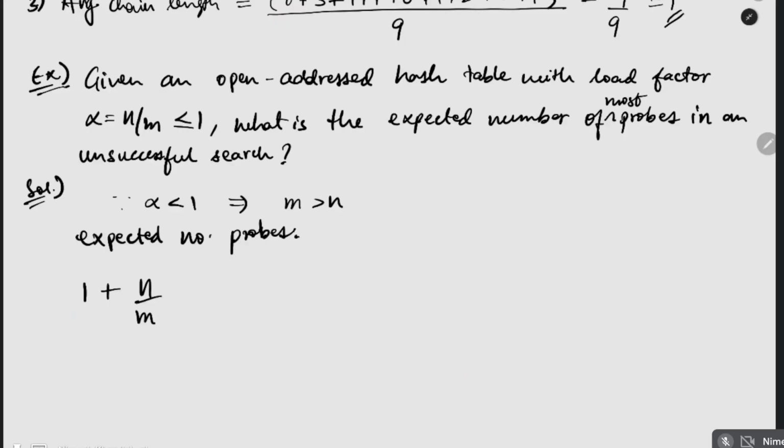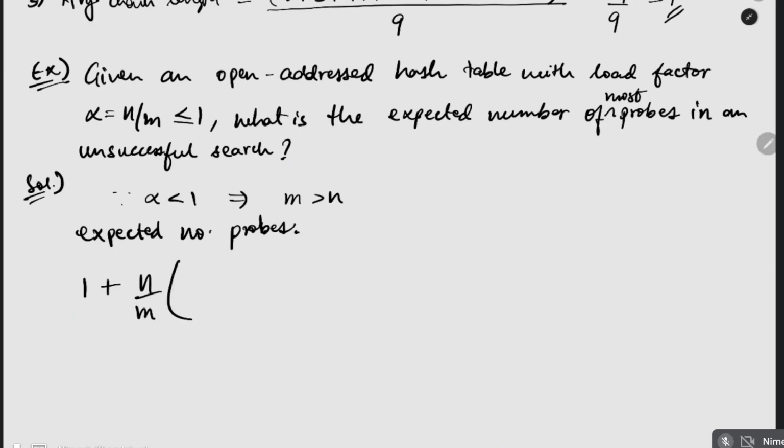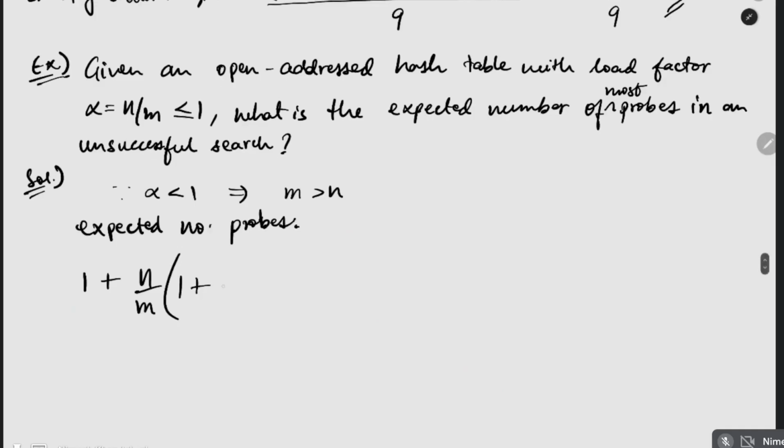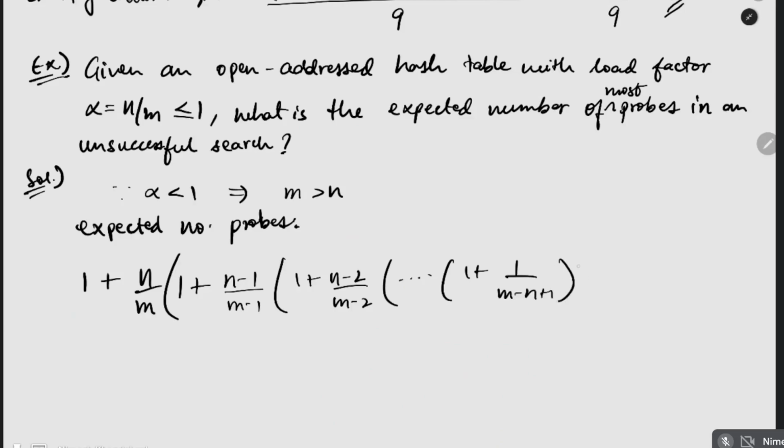So therefore, another probe is necessary in search of the next available slot, right? So in search of the next slot, we again do at least one more probe, and with a probability of n minus 1 over m minus 1, we repeat the process. Then n minus 2 over m minus 2, and it goes on until we exhaust all the available slots.